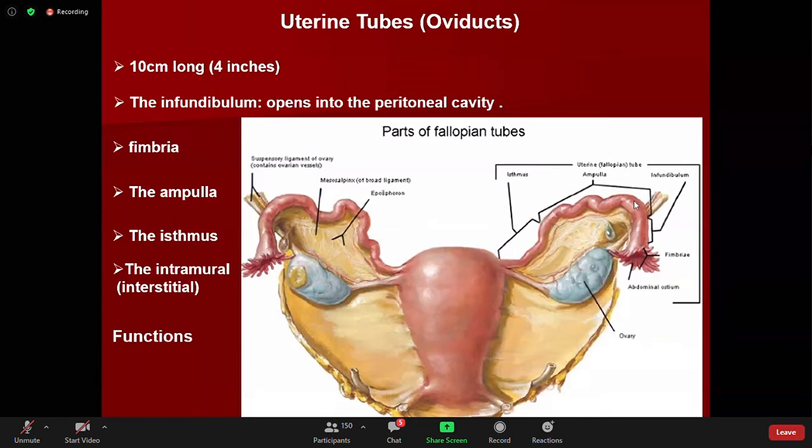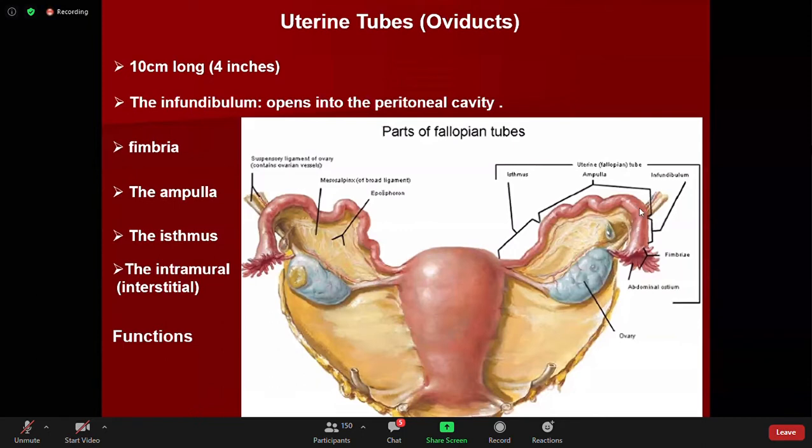That's where fertilization occurs. The sperm comes all the way from the vagina to the uterus and fallopian tube, and it's going to meet the ovum here in the ampulla, the site of fertilization.